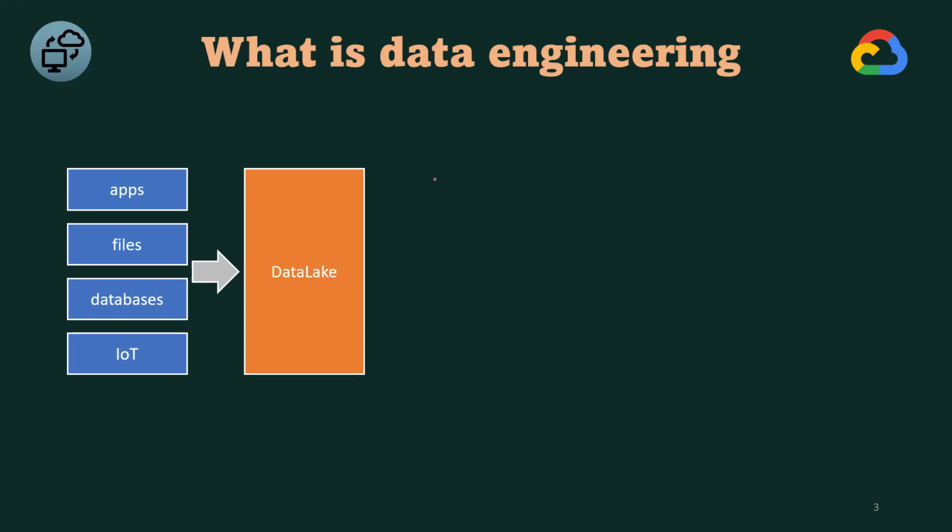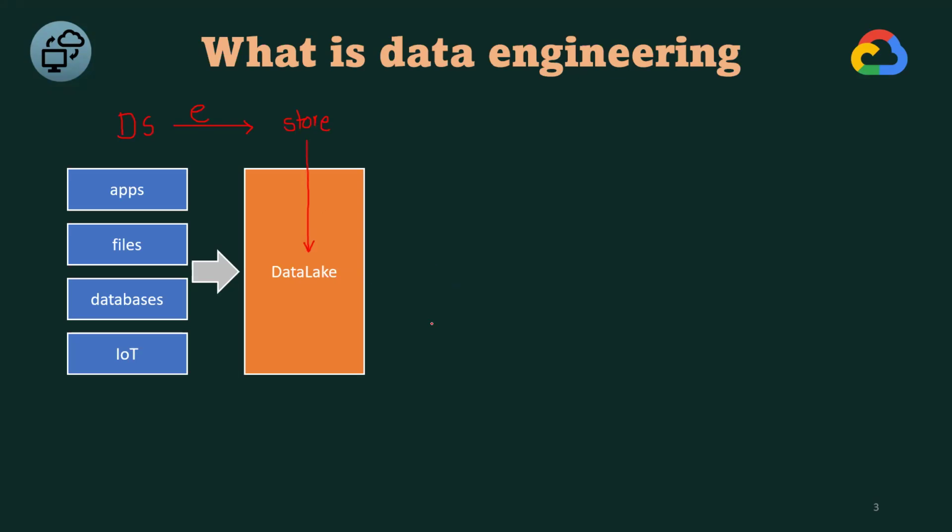That is what we call a data lake. In a data lake, we extract the data from these multiple data sources and we store it in a single location called a data lake.